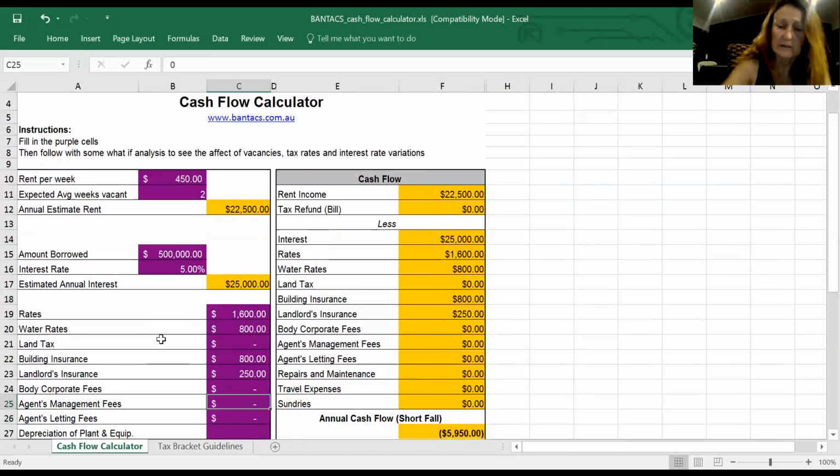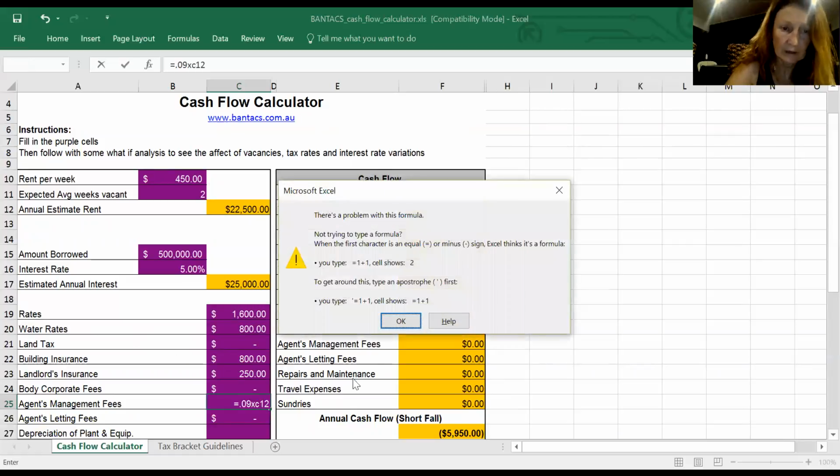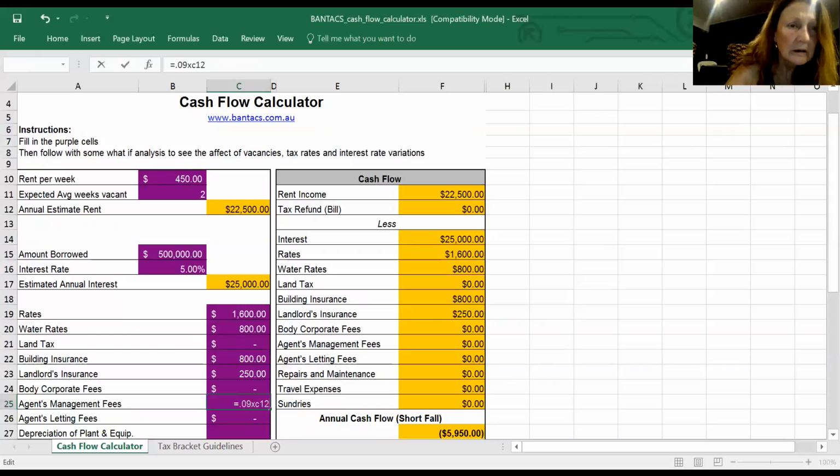Agent management fees, we might put a little formula in here. 0.09 times the rent. See, 112. What have I done wrong? Oh, is there a dot there or something?